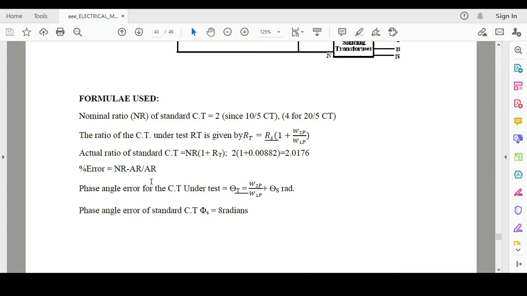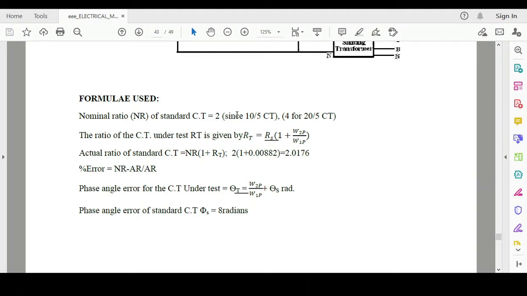The nominal ratio is the ratio of primary current and secondary current of our transformer. In this experiment we are going to perform this test on a 10/5 rated current transformer. So the nominal ratio will be 10/5, that is 2.